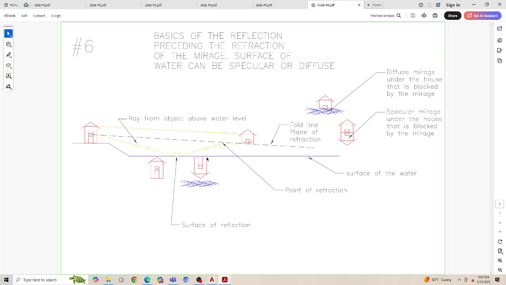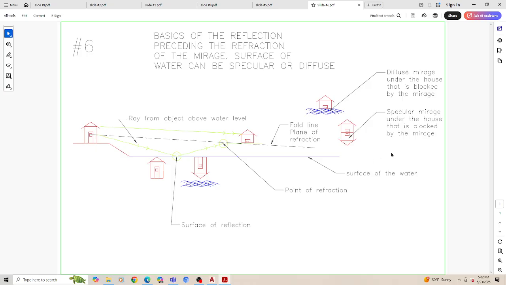Both of these paths are going to be observed by somebody at great distance. So you will see both the upper portion of the house that you're looking at directly without reflection coming into play, and the lower portion you're looking at because reflection has come into play.